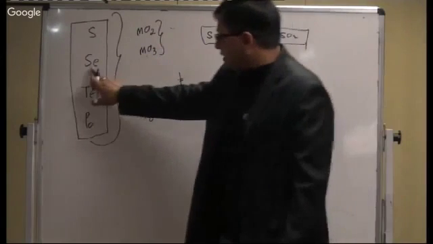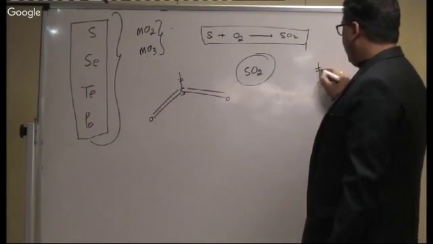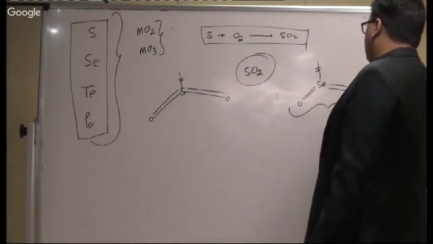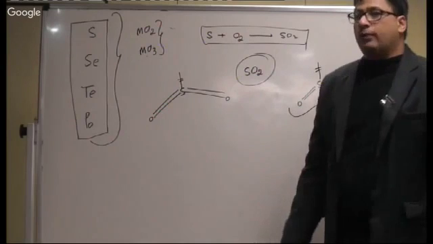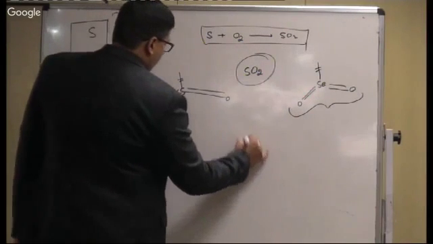But if you see the structure of SeO2, it is also sp2, triangular planar, having 2 pi bonds, but it undergoes polymerization and forms a solid. Clear? This polymerization of SeO2 is like this.